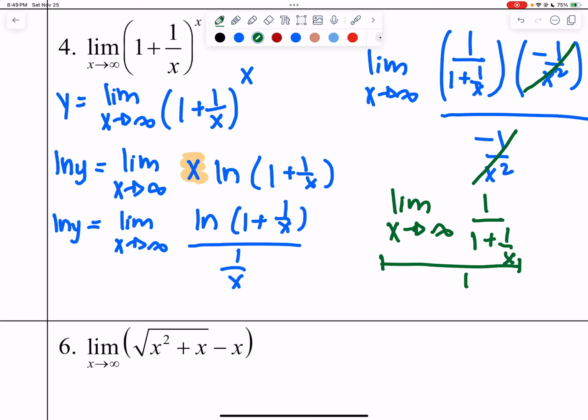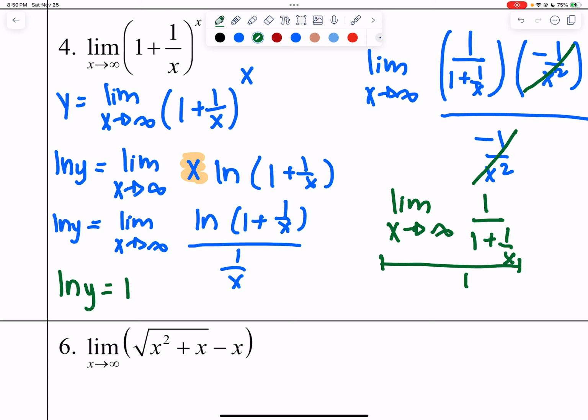Now, here's your plot twist for the day. The right side has a limit of 1. So this is ln of y is equal to 1. But remember that y is this limit right here. So what we need to do is solve for y in terms of what we have so far to get my limit of this function right here for number 4.